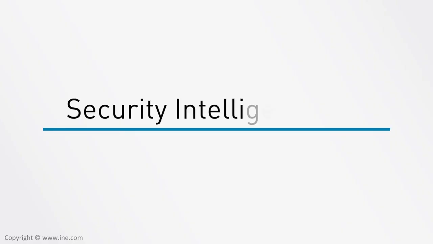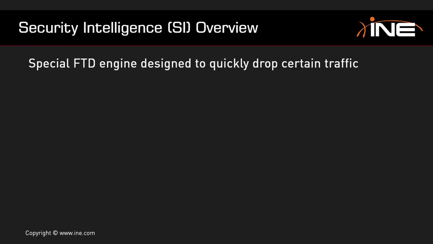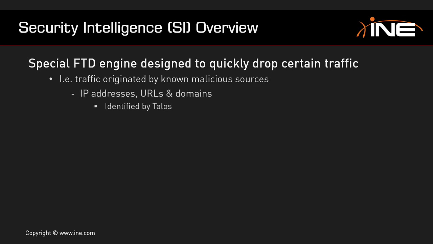At this time, we are going to focus on security intelligence. Security intelligence, abbreviated as SI, is a special engine that is designed to quickly drop certain communication based on, as we will see in just a second, information from Talos, primarily information collected by Talos.